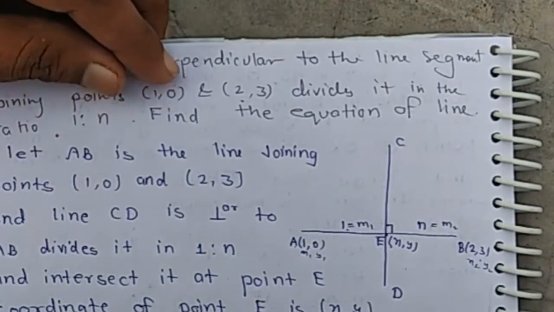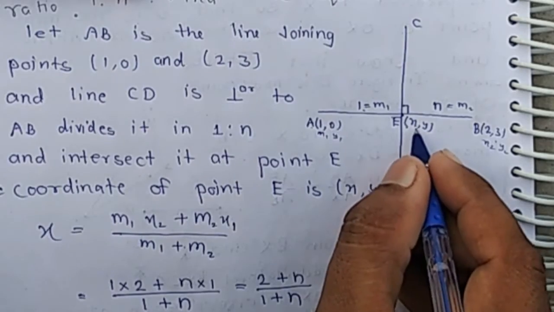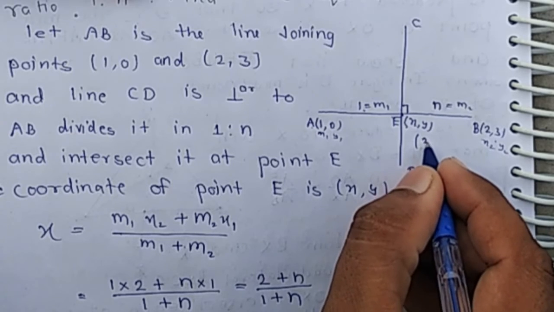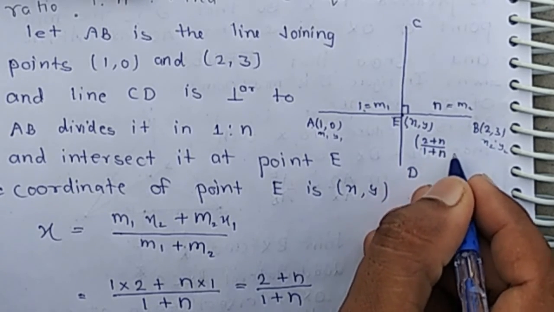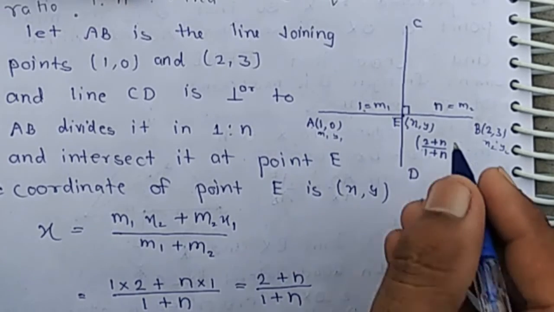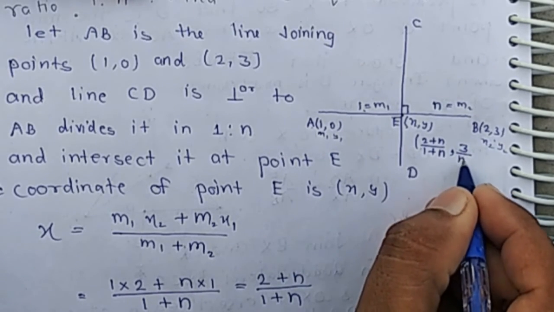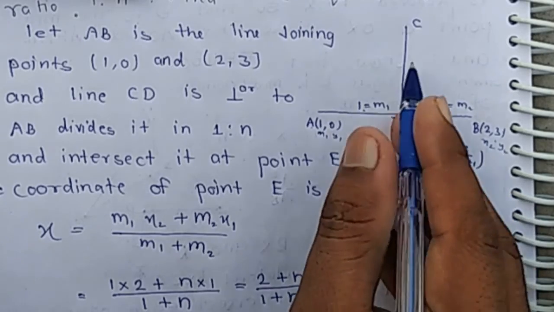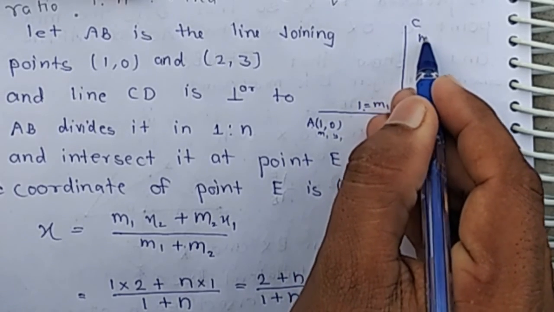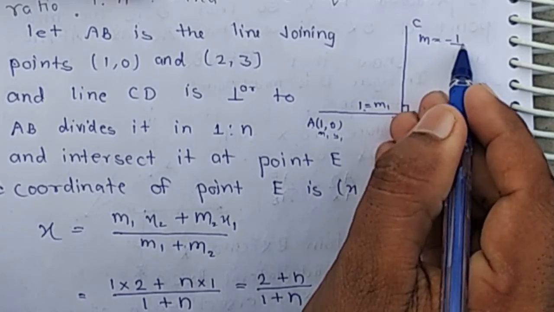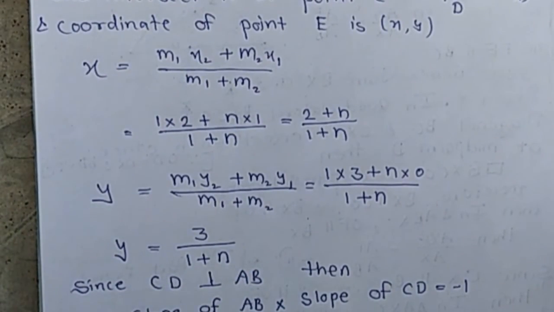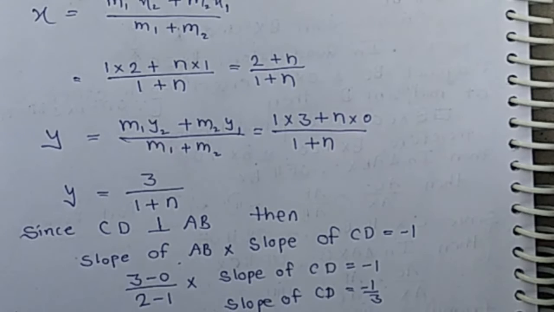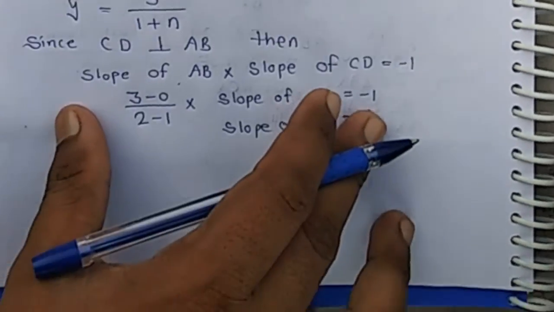Now (x1, y1) is ((2 plus n) upon (1 plus n), 3 by (n plus 1)), and the slope of CD is given. Now we know that the equation of a line passing through a point having slope m is given by the formula y minus y1 equals m(x minus x1).